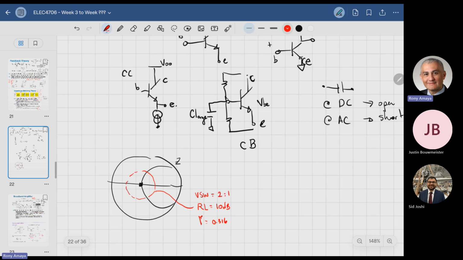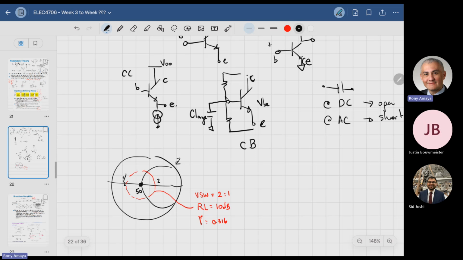All the same thing. So if I have 50 ohms, a VSWR of 2 to 1 means that the impedance can be twice as large or half of it. So any impedance between 25 ohms and 100 ohms will satisfy the 2 to 1 VSWR.